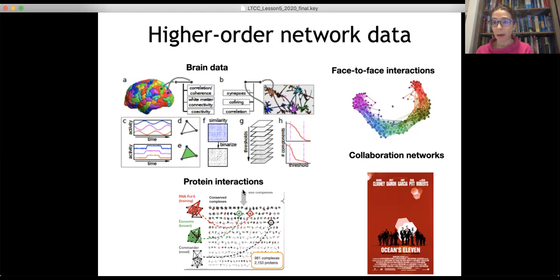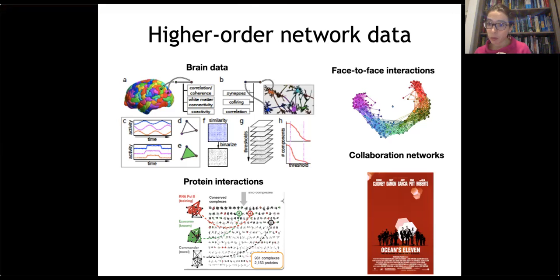Also in protein interaction networks, you can have many-body interactions. So in the cell, proteins form complexes formed by more than 2 different types of proteins in general connecting with each other, and only in this aggregated form can they perform a given function in the cell.